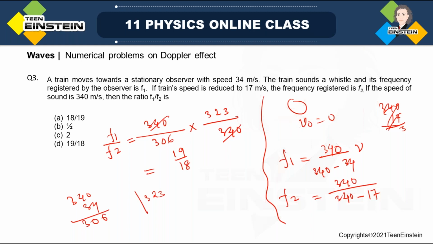So we have to find out from this ratio. All right, so here the answer will be option D.